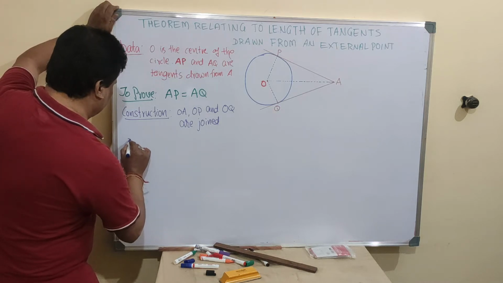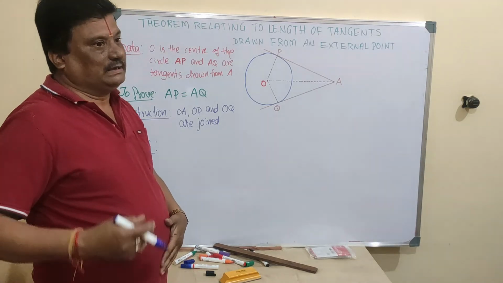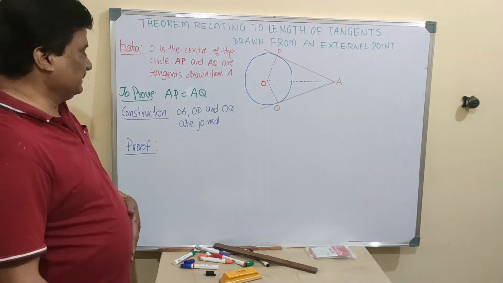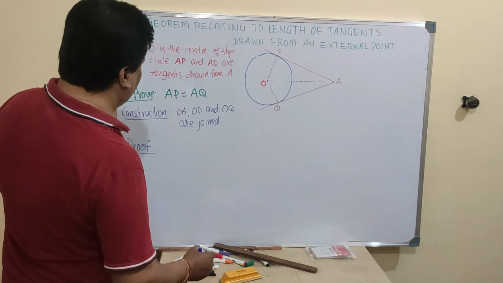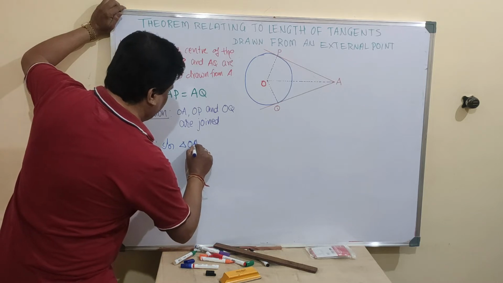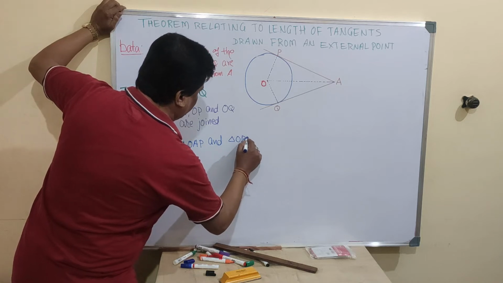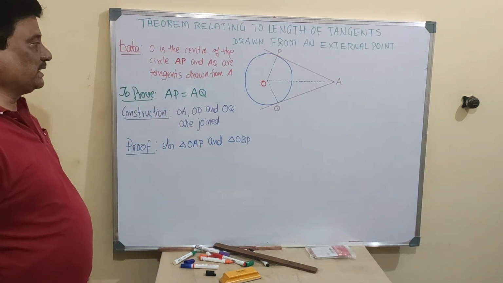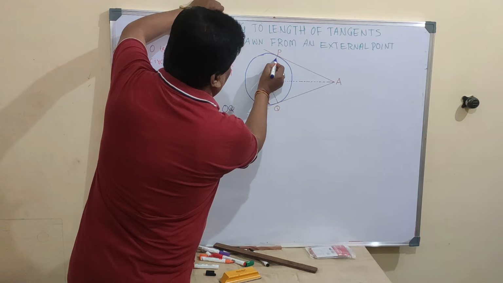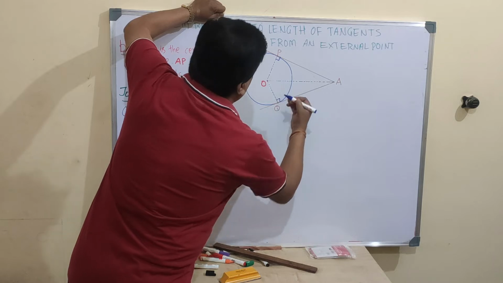Proof. We are going to prove this by the property of triangles, that is, congruency of triangles. So in triangle OAP and triangle OQA, as you know, the radius drawn at the point of contact is perpendicular to the tangent.